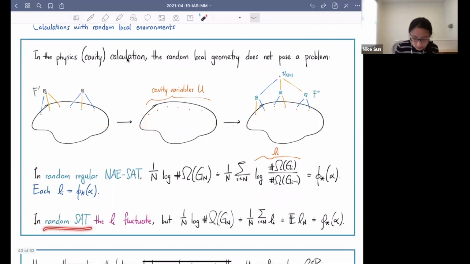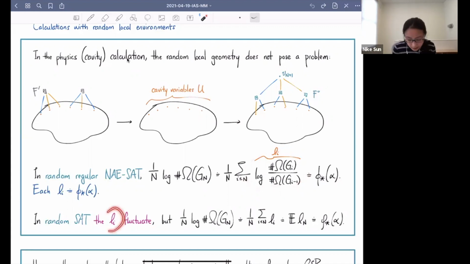The difference in the random SAT model is that you again have this telescoping sum, but the individual steps, which I called L sub i, so the individual change that you get from adding a new variable, will be different for different i, because sometimes you might happen to add a variable of very high degree, and sometimes you might happen to add a new variable that has low degree, just by the randomness of the model.